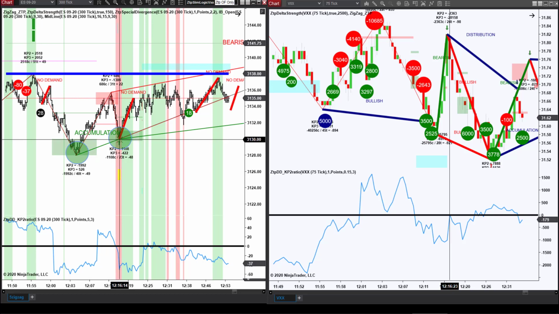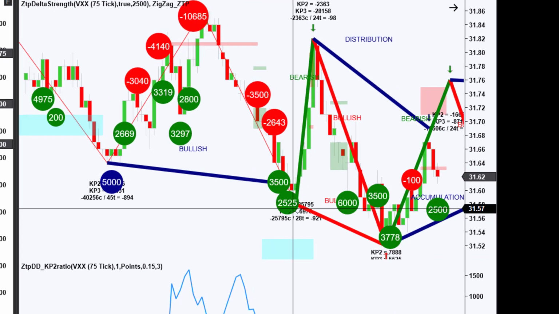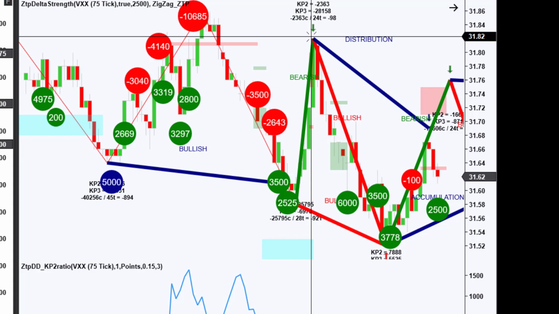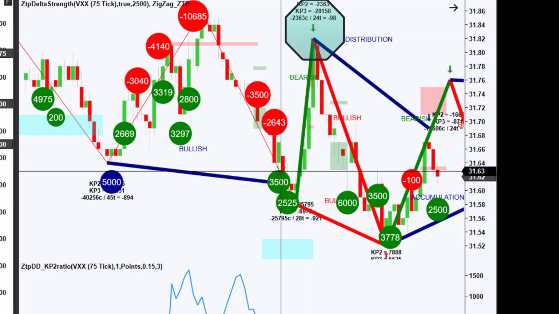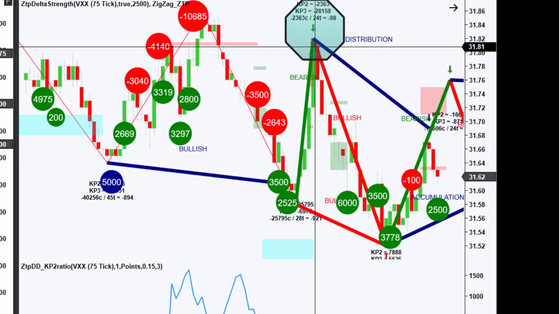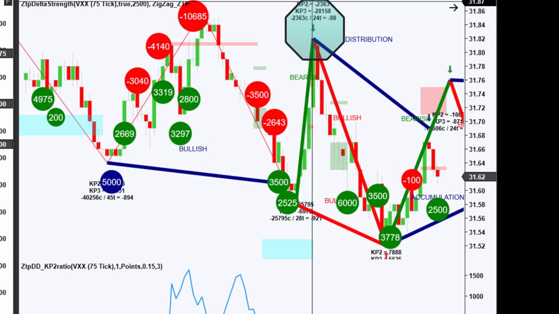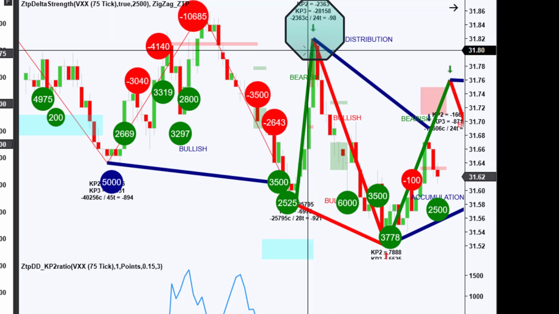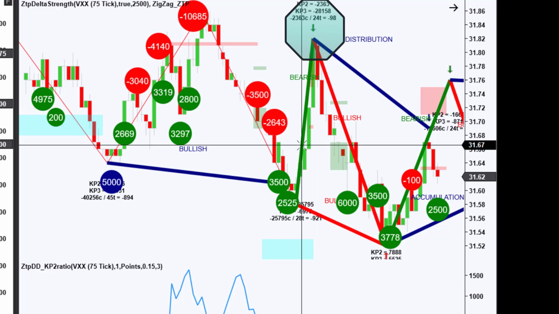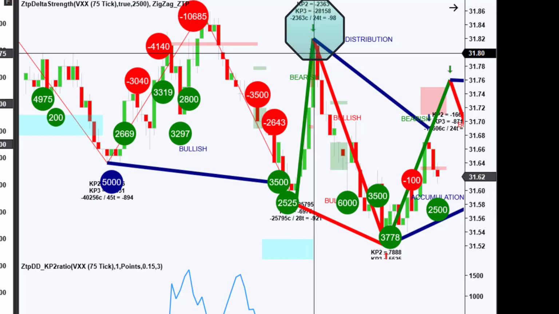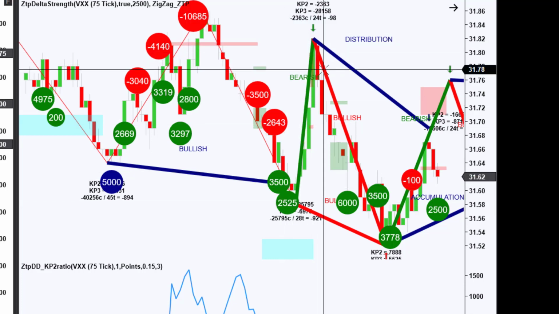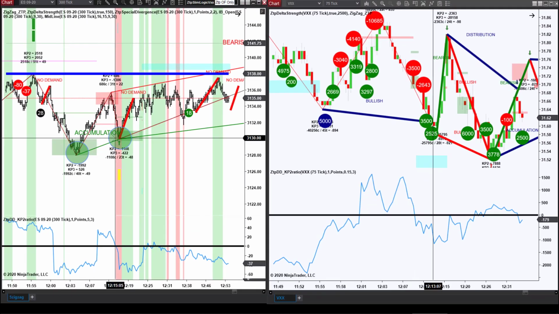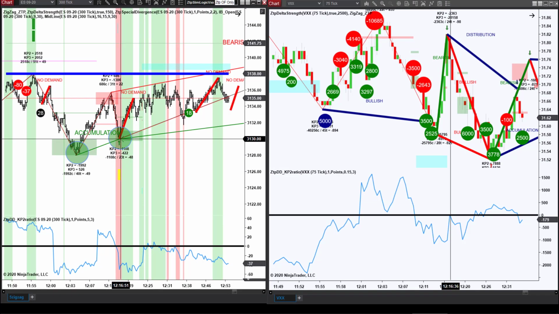So what that means basically is from this point to this point, instead of being net buyers here, they were net sellers to the tune of negative 2,363 shares. And that's why this special divergence is so important when you see this. So we had special divergence on the VXX, and we had accumulation divergence on the ES.